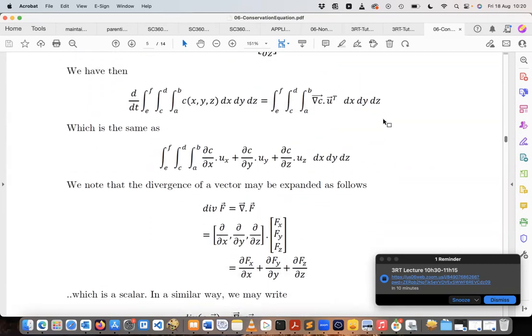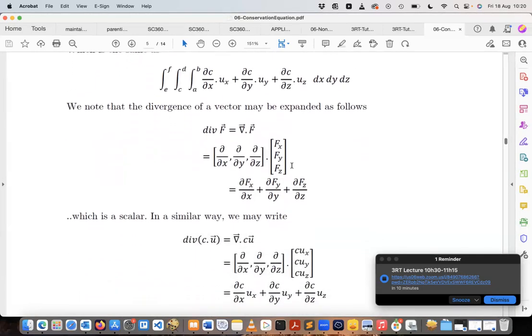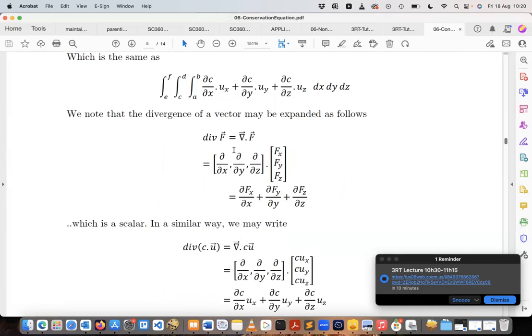So that is the same as that. So this is just repeating what we just said, right? This is just going in the opposite direction and saying, if you expand this out, you can see that's what you have. Now what we can also say is that there is a relationship between del and the divergence.